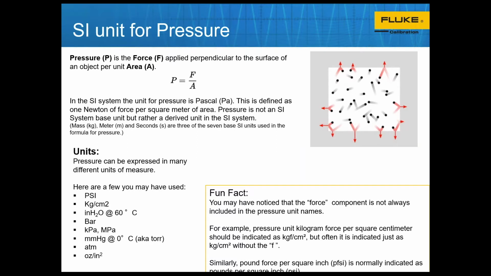The fun fact is that throughout the years, the F has been dropped. So as it says down on the bottom, similarly, pound force per square inch is normally indicated as PSI. So almost everywhere you see one of these calculations, the idea of force being removed from that calculation.